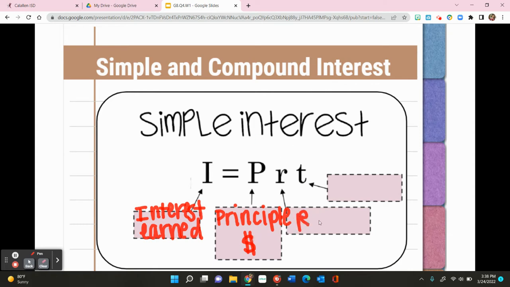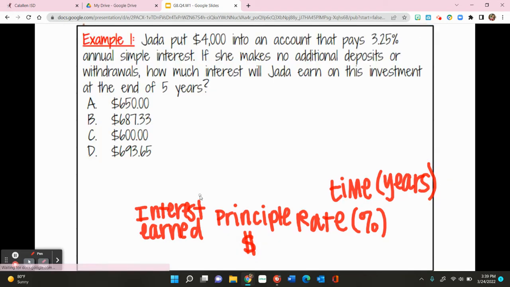R stands for the rate, and this has to be in a percent. T stands for time, and your time always has to be in years. If it's in months, you have to convert it into years.